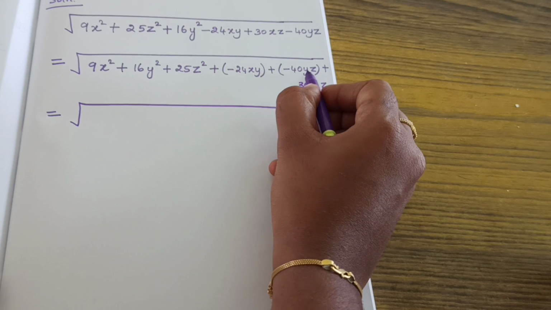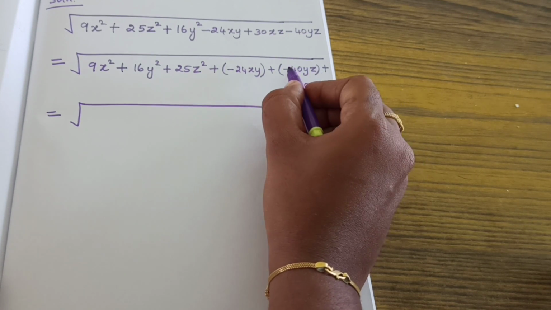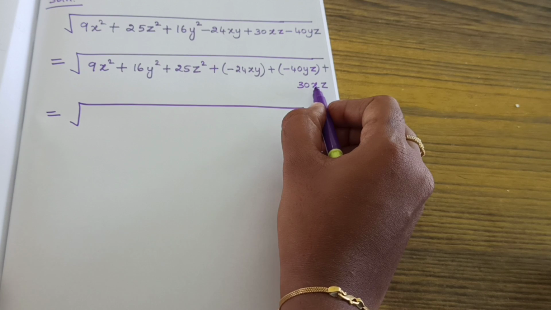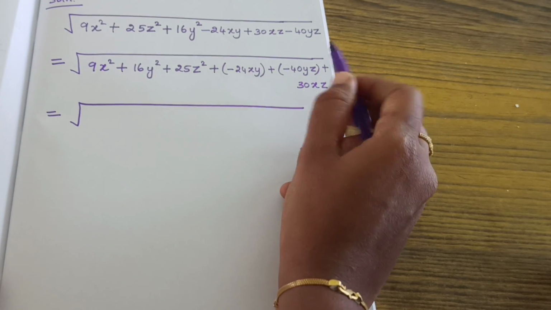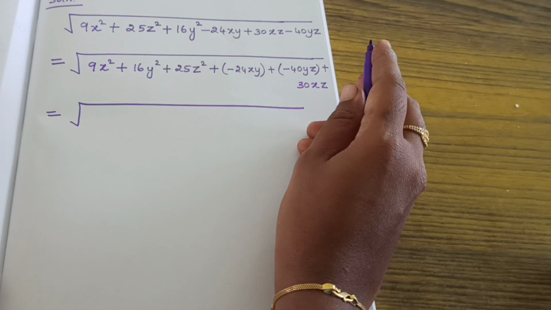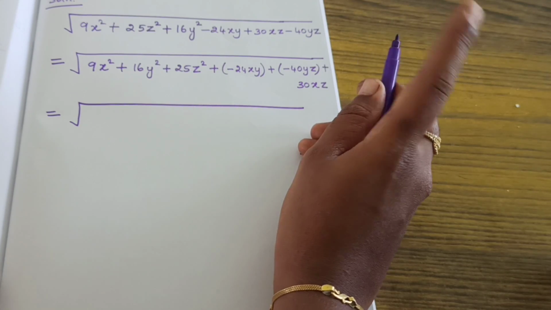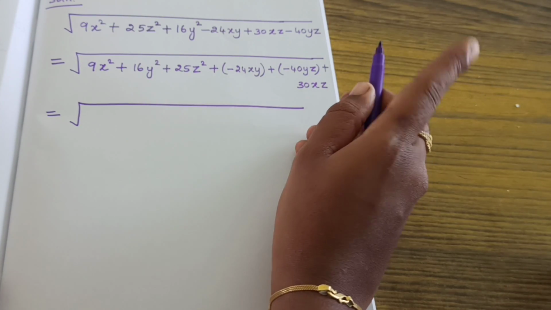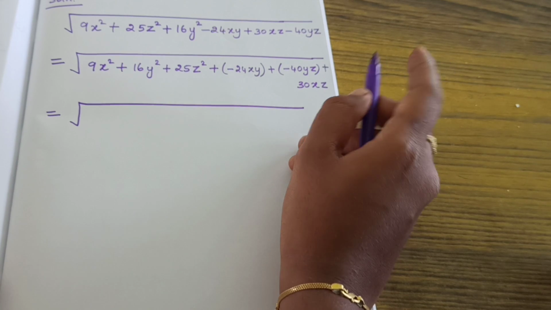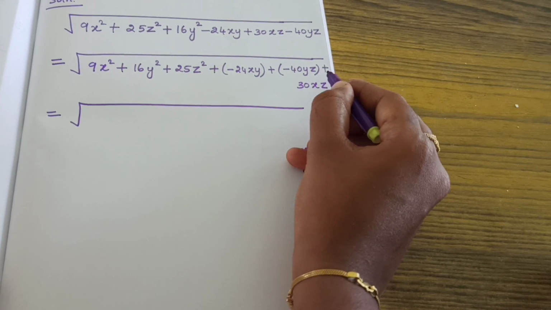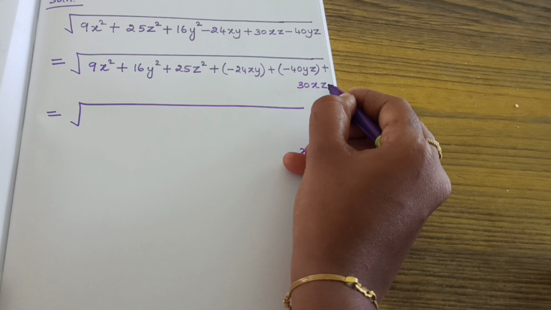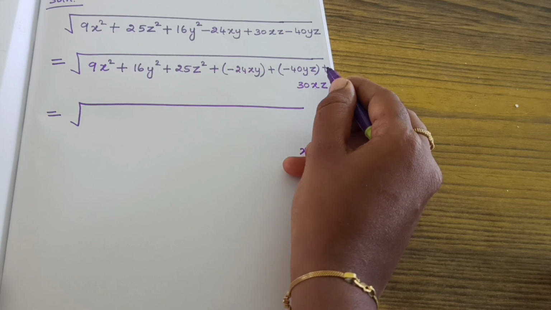Here also y, z, any one term should be minus. Here x and z both are plus. There are two possibilities. Sometimes plus into plus is plus, minus into minus is also plus. We should go for any one option. So, the plus option is better. So, x and z both are plus means we will get plus.